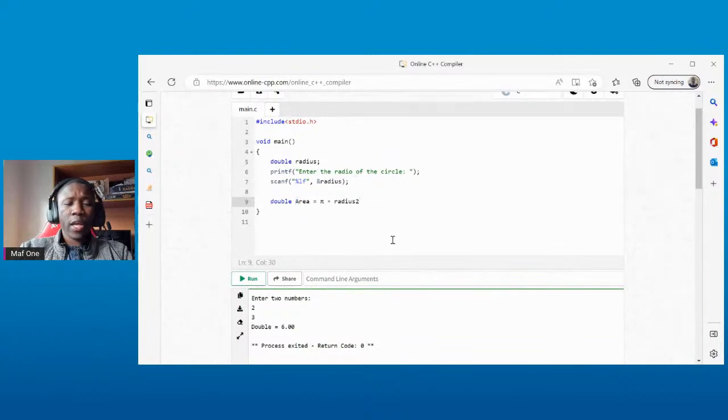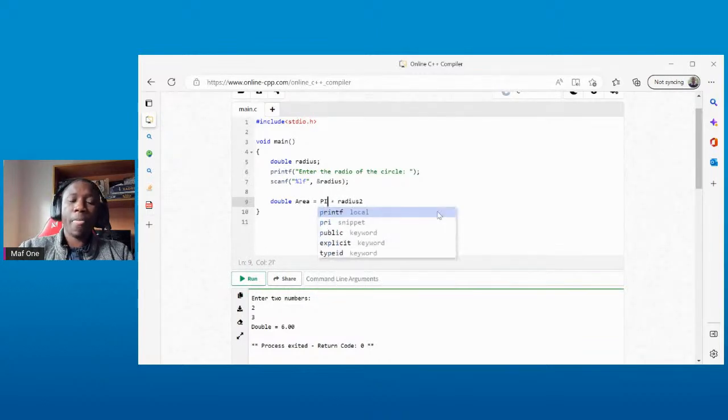So what do we have? The area is pi, but we don't know. C doesn't know this symbol. So you need a pi constant here. And the radius is going to be that variable.